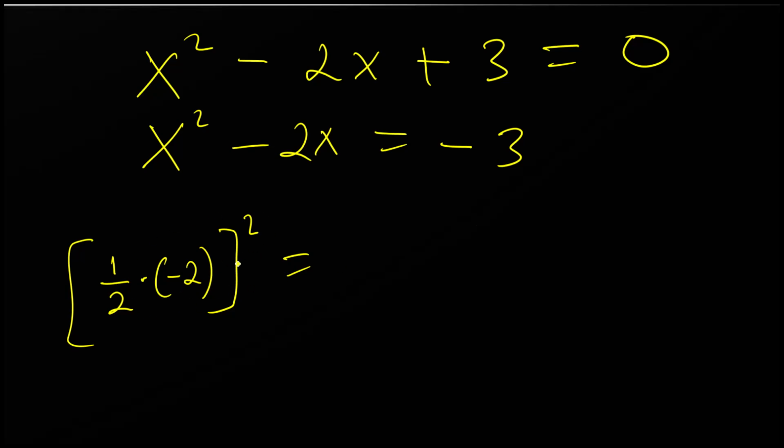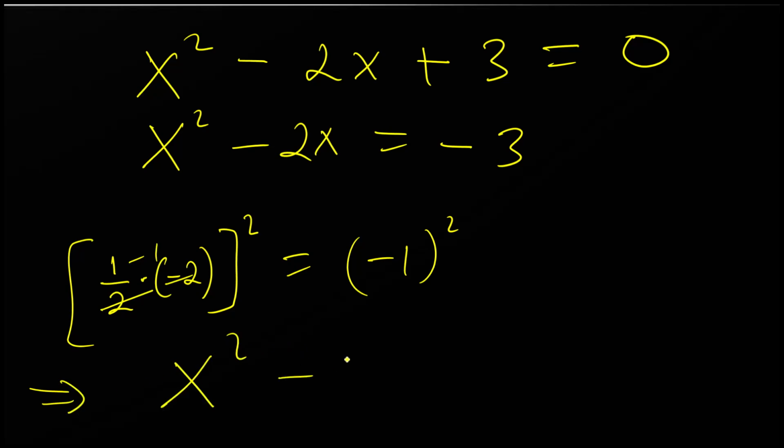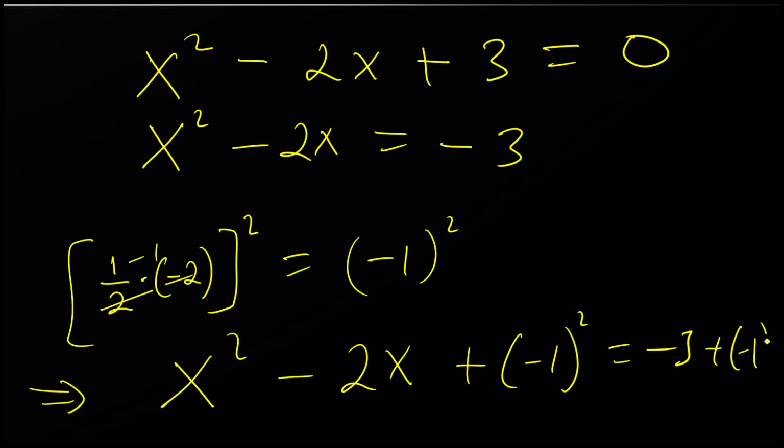So we are going to add this result to both sides of the equation. So this will be minus 1 all squared. So we add minus 1 all squared to both sides of the equation. x squared minus 2x plus minus 1 squared equals minus 3 plus minus 1 squared.